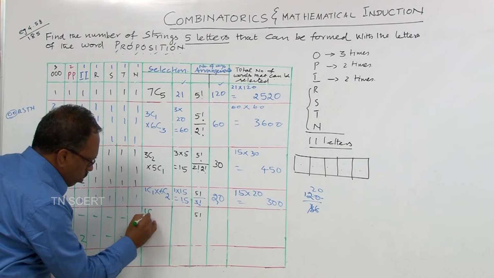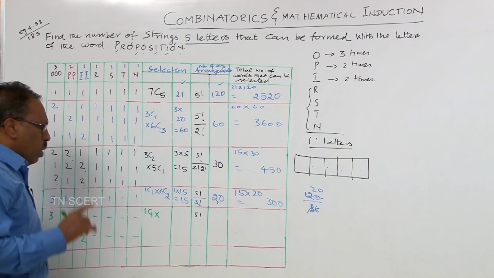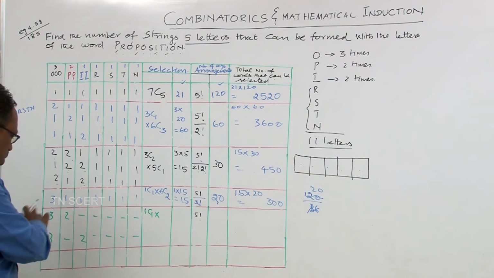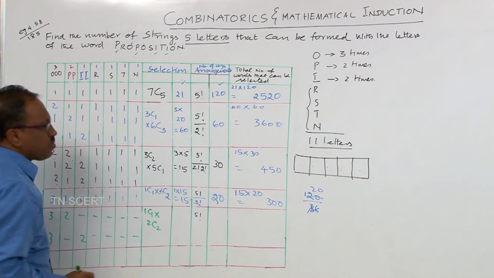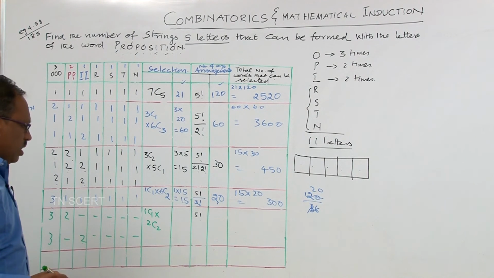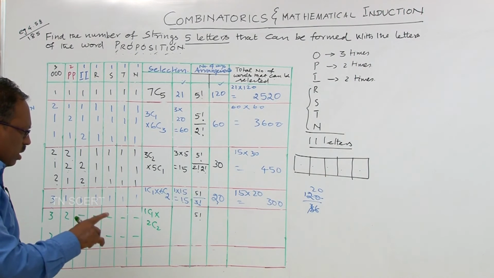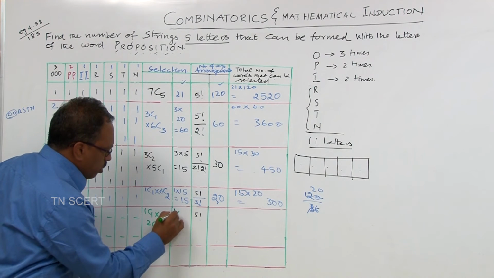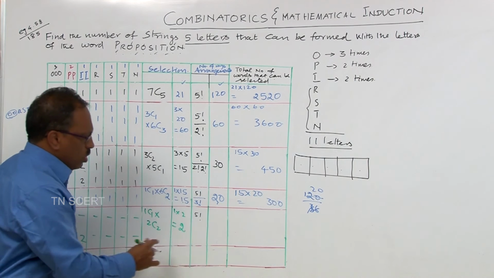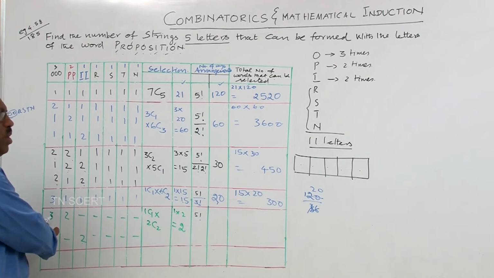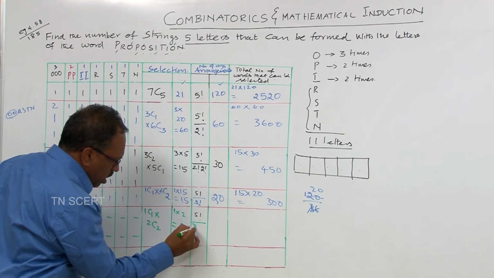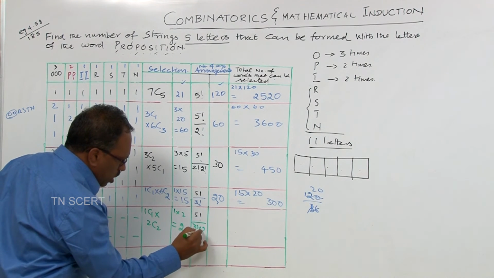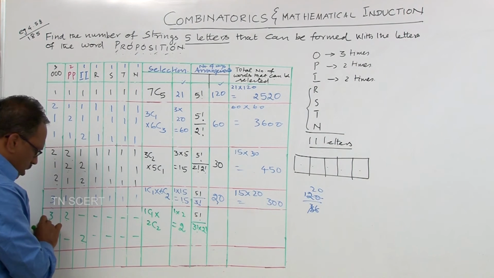So here 1C1 into, what is the other way? It is totally 2 letters, 2 frames only. So 2C2, which is nothing but 2 factorial, nothing but 2. It is 1 into 2, which is 2. So we got this letter. Is anything repeated? Yes, there is. Here 3 times it is repeated and here 2 times it is repeated.